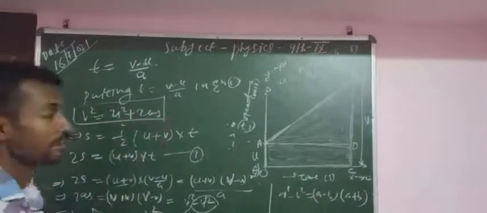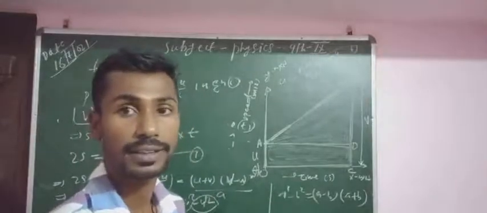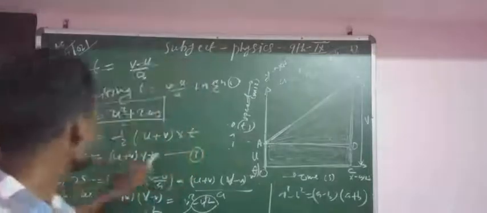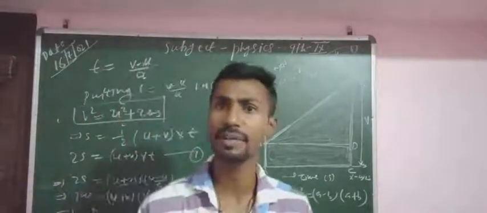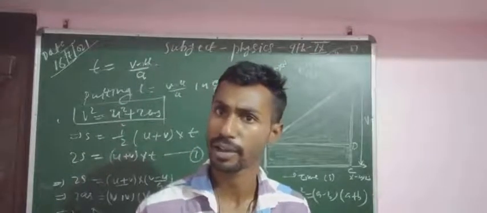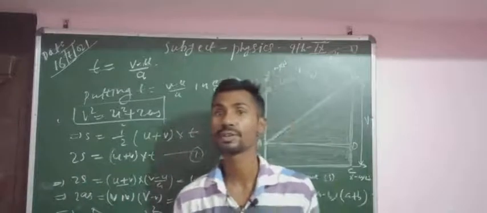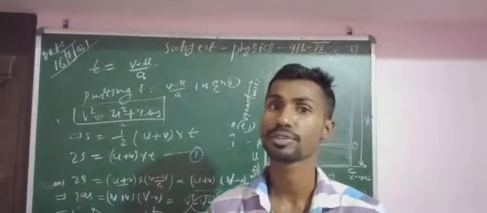This is the third equation of motion, derived by the graphical method. This is the simple solution. You have to keep it in mind. The question may be: derive the third equation of motion from the graphical method. Or derive the second equation of motion from the graphical method.